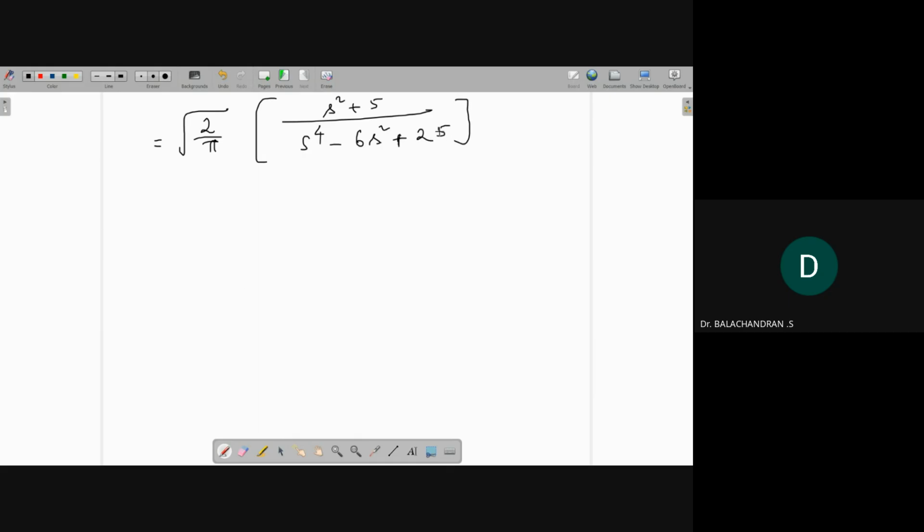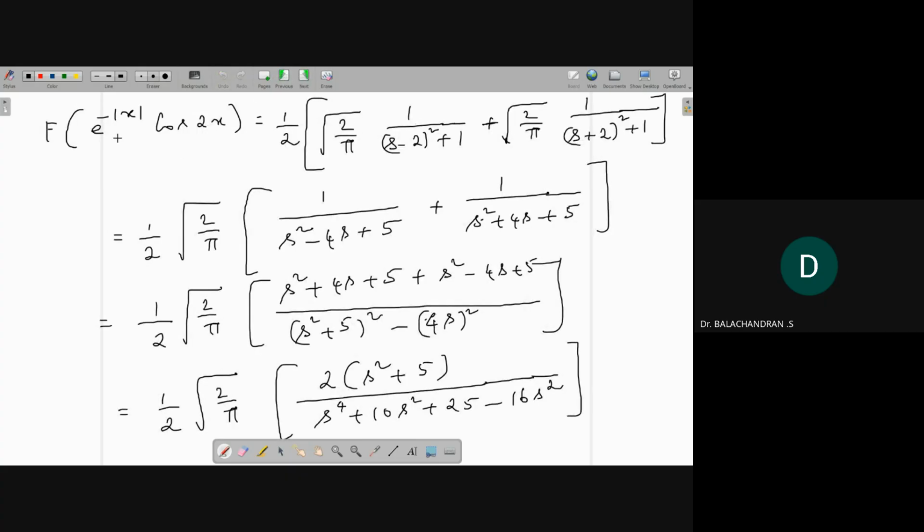So this is the answer for the Fourier transform of e power minus mod x into cos 2x.